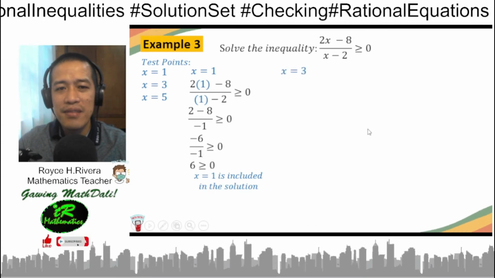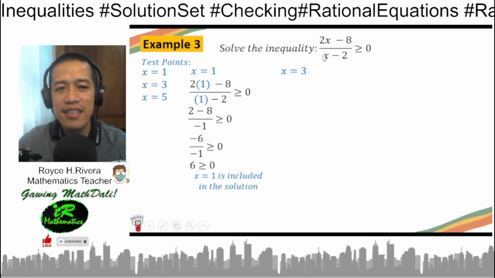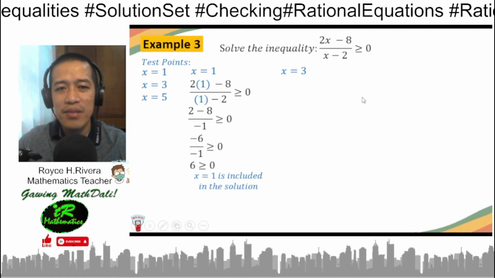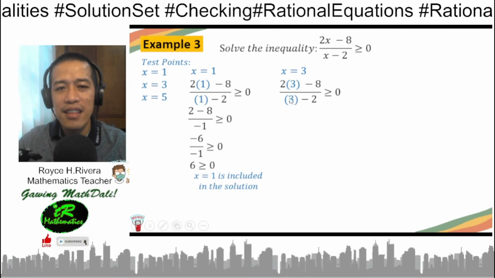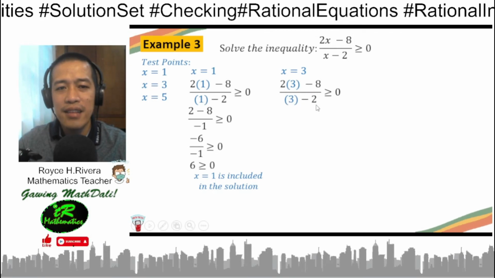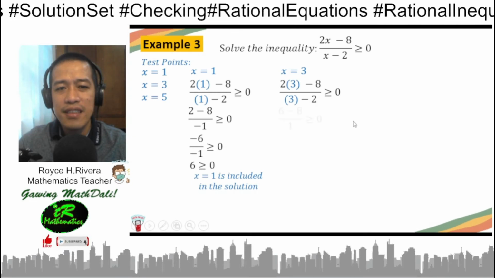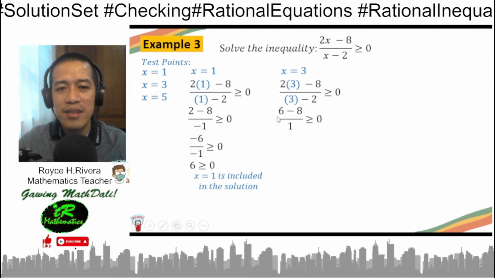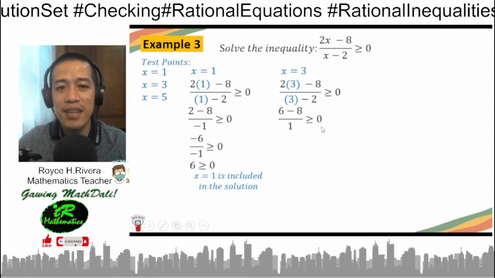We continue. Let us check the test point x equals 3. Again, by substitution, we will get 2 times 3 minus 8 all over 3 minus 2 greater than or equal to 0. We will get the result 6 minus 8 all over 1 greater than or equal to 0.